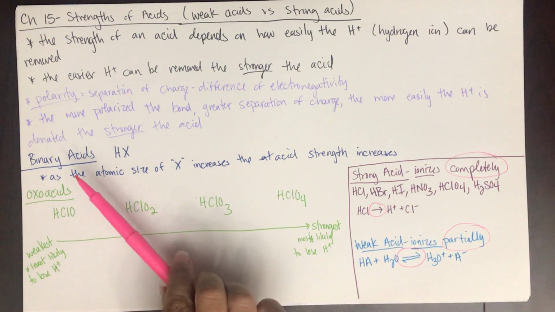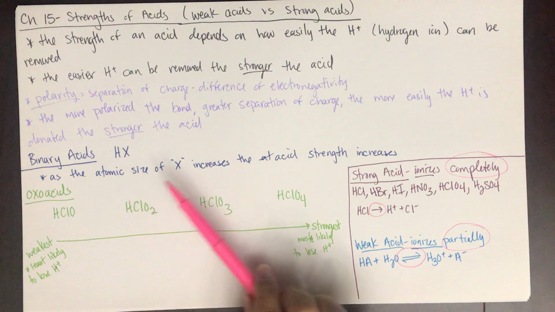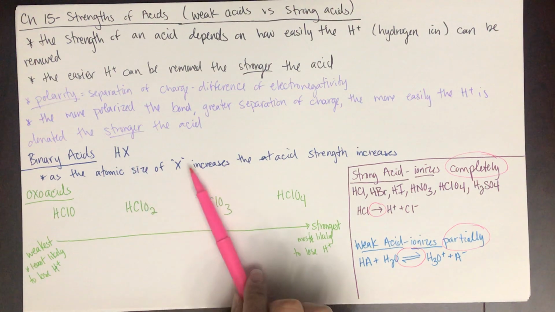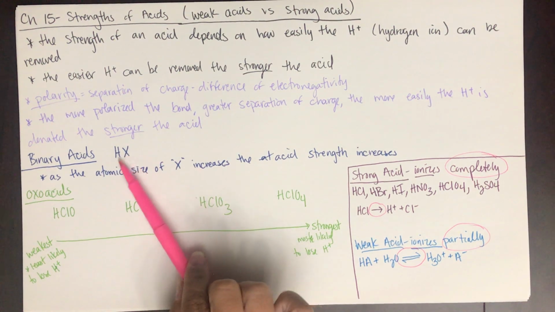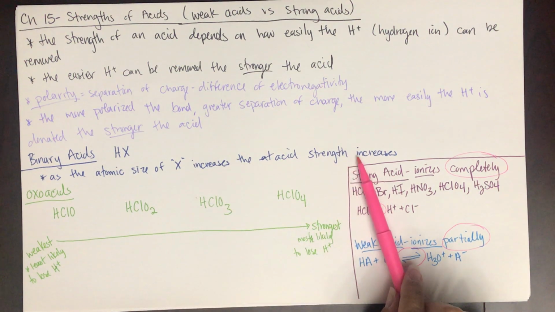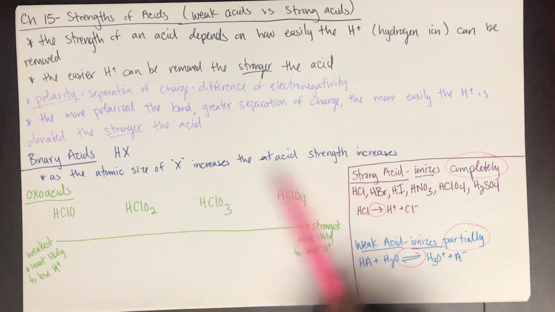Trends that you should be aware of are that for binary acids, if you're comparing two binary acids, as the size of the X, whichever one is not the hydrogen, increases, the more polarized the bond will be, and the stronger the acid.